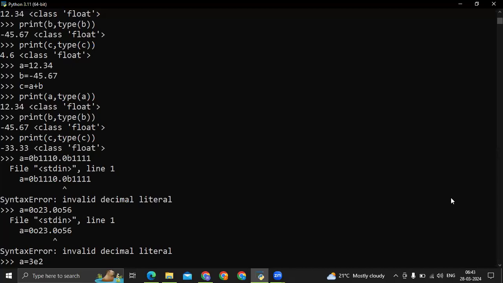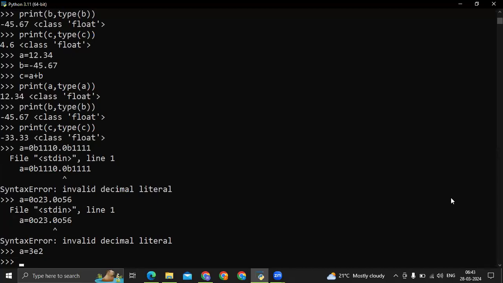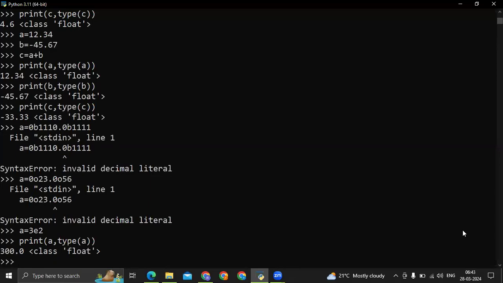Now, if I write print A, type of A, it does not mean it is a hexadecimal number system data. As I've told you, this is an exponential form or scientific notation of floating point values.